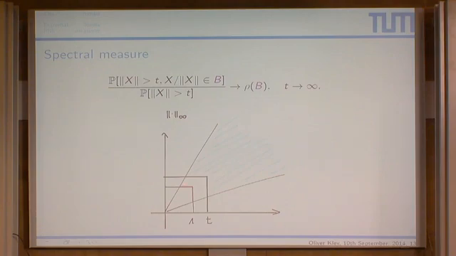What you do is consider the conditional probability that x is within this blue shaded area, because everything within this blue shaded area scaled down to the unit sphere is in this magenta set B. If you have convergence in t to some measure rho, then rho is the spectral measure, and it will determine the extremal dependence structure of the vector x.